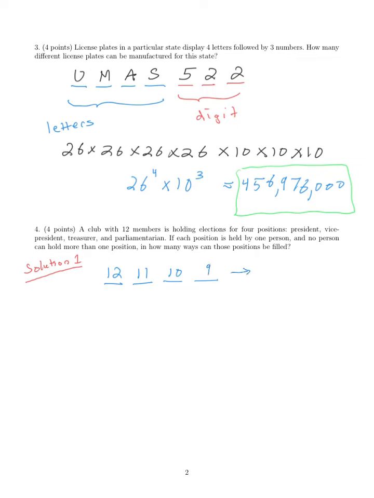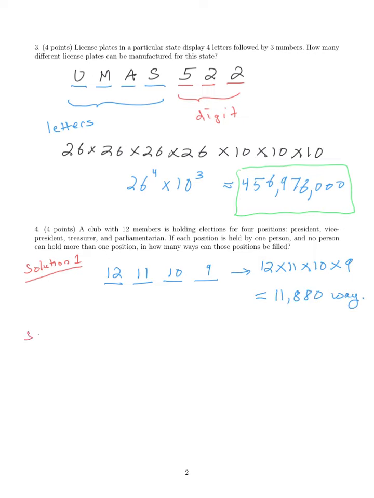The product of these things will be the total number of ways that these positions can be filled. 12 times 11 times 10 times 9. Again, I'm going to do this in my calculator. And I get 11,880. That number of different ways, which is quite a few.